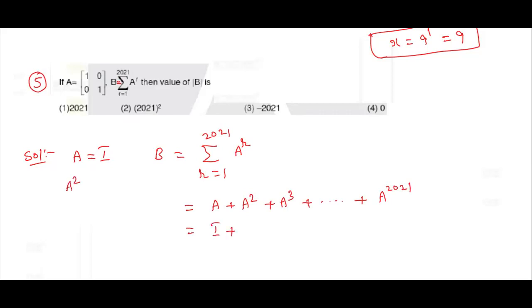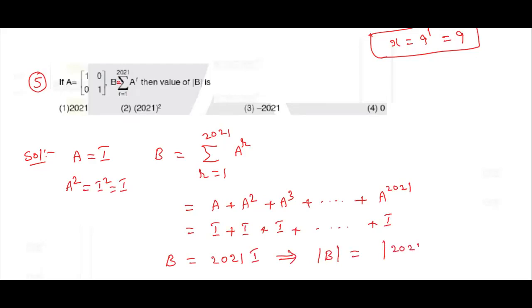A square, I square value, I only know. I cube value, I power 2021 also I only. So we can write all terms are I only. How many terms are there here? 2021 terms. 2021 into I. This is B. Now determinant of B, that's equal to determinant of 2021 into I. But here this is a 2 by 2 matrix.